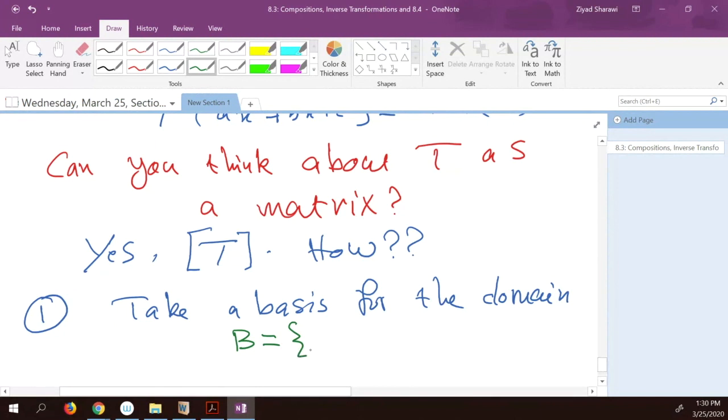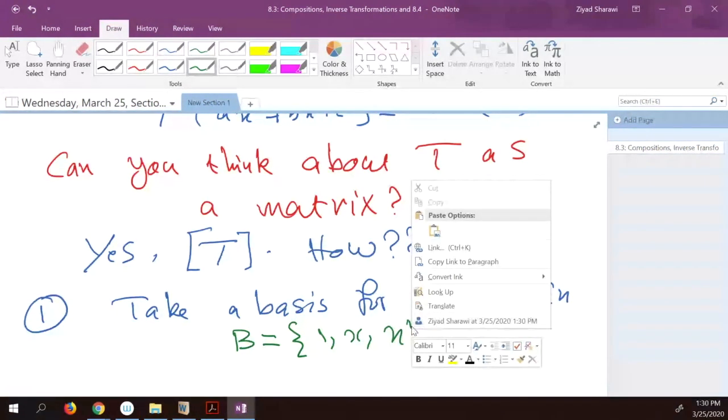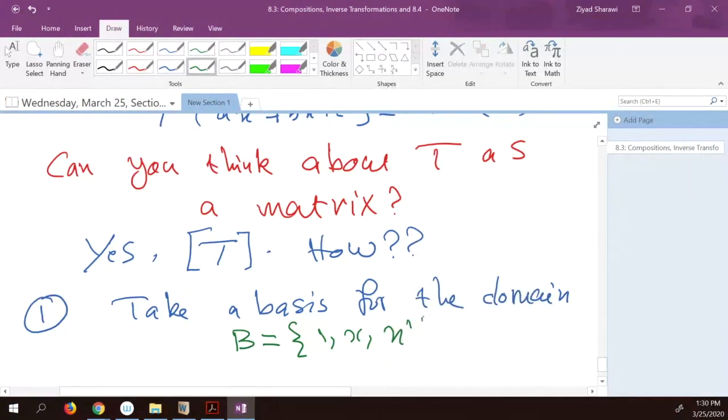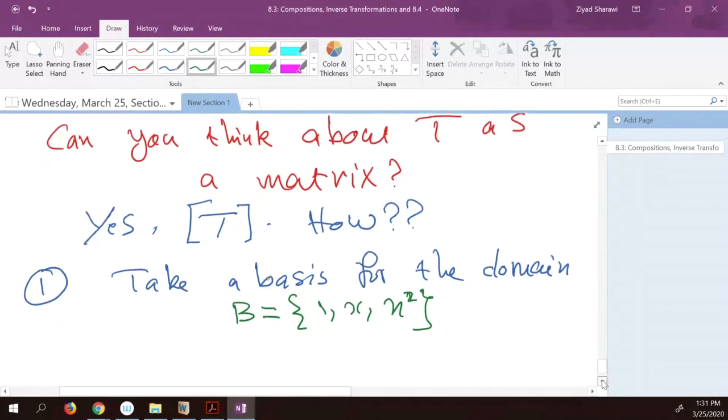Which basis would you take? Make it easy. Take the standard basis. You can take any basis, but here you can make it as easy as possible. So we took a basis for the domain.